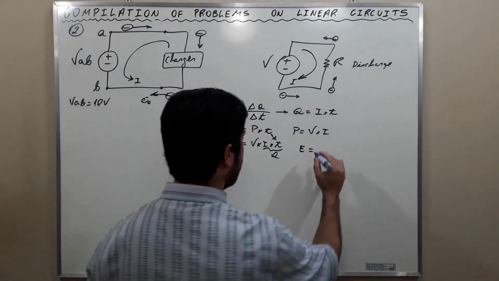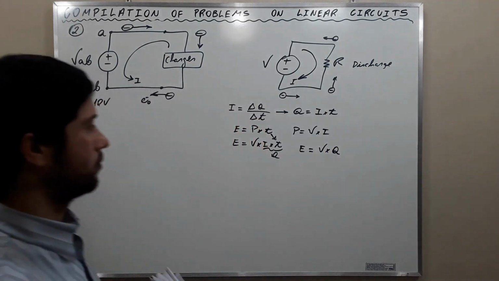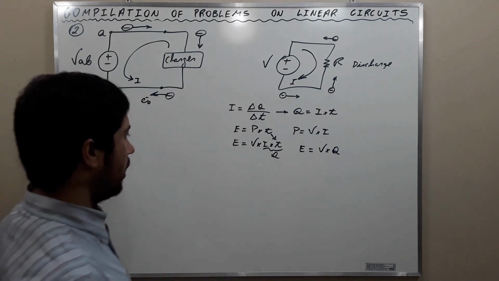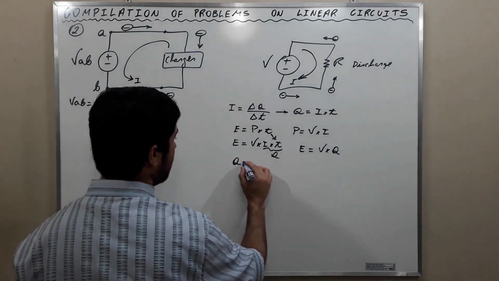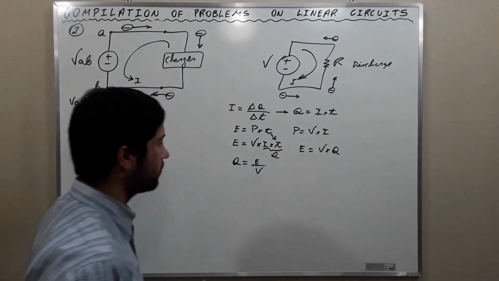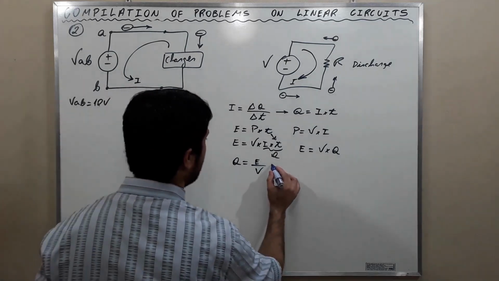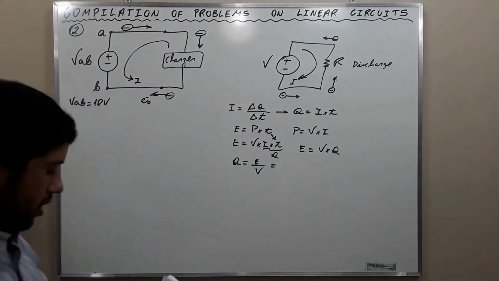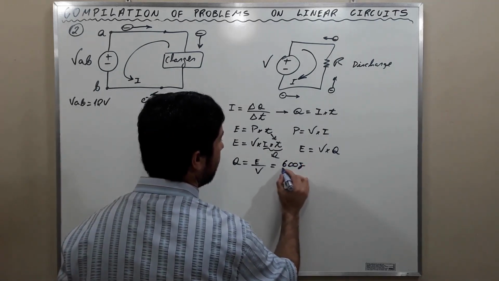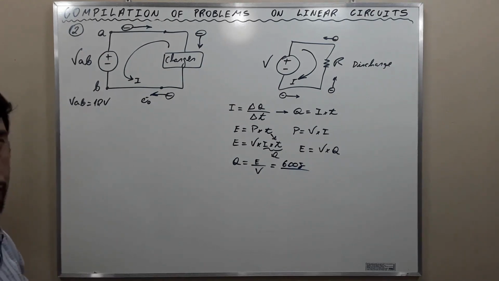E is equal to V times Q. Ultimately, Q is equal to E divided by V. We want an amount of energy equal to 600 joules and a voltage of 12 volts.